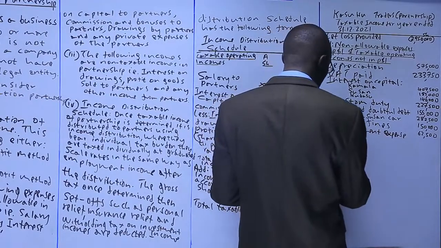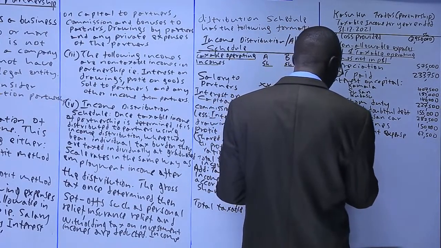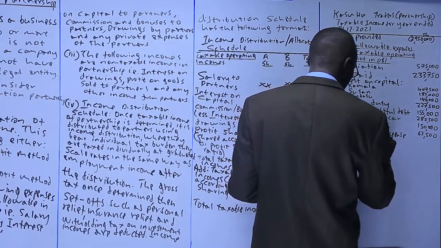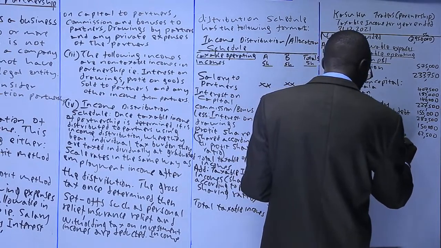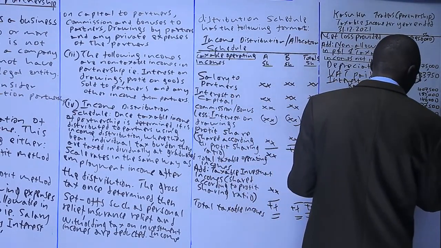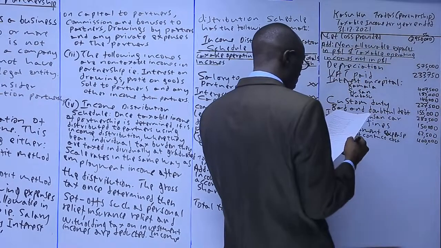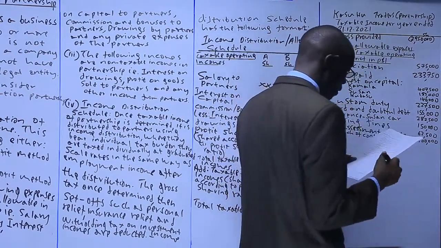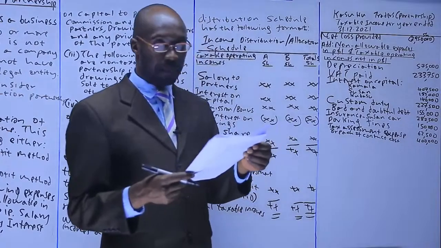We have breach of contract costs or expense, 400,000. Preparation of tender that we said is allowed. After that, we go to number 3.